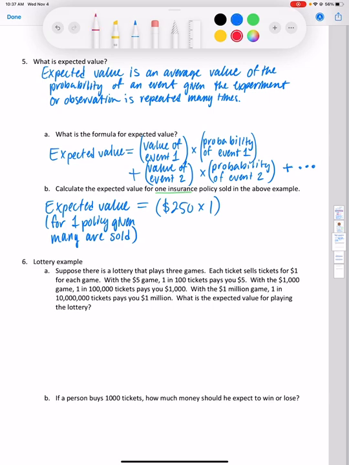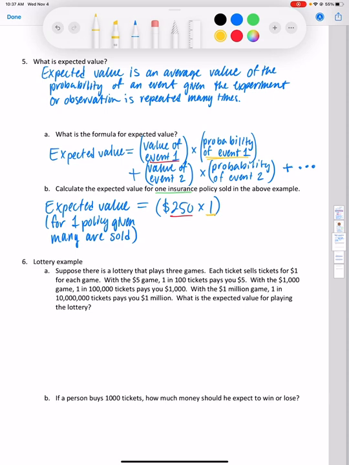So we're doing the value here. That's this one, value of event one. Event one is like me getting the policy. I sell it to someone, they give me money for it. I multiply by the probability of the event, which is probability of event one, which is 1. The probability of me, because I have the insurance company, getting the money for the policy at $250 is certain. Okay, they've done it, the renter wants to buy insurance, so that's certain.